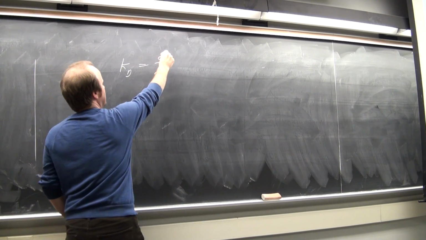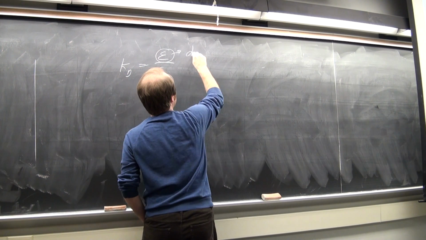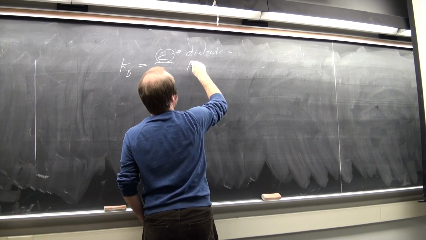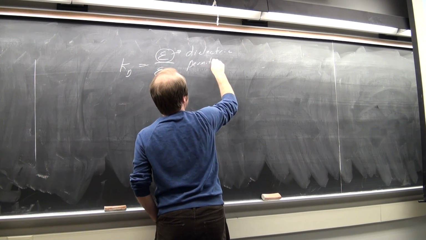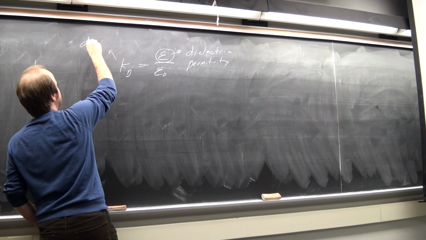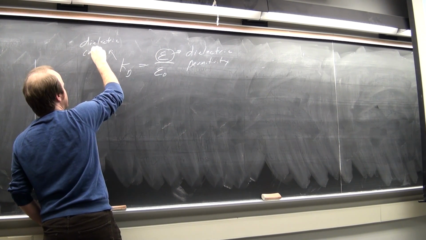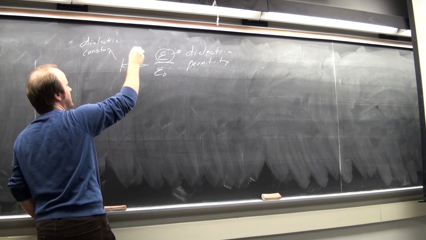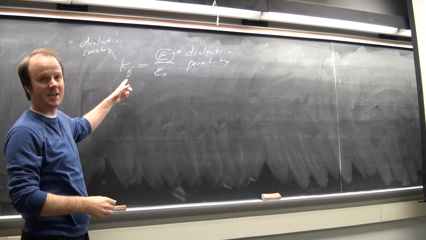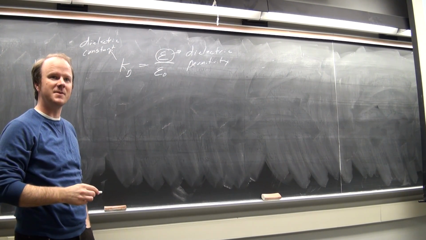This is dielectric permittivity, this is dielectric constant. And so as dielectric permittivity goes up, dielectric constant is going to go up as well, right? Does that make sense?